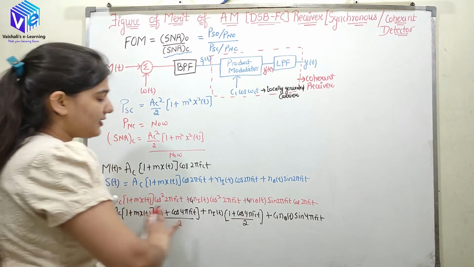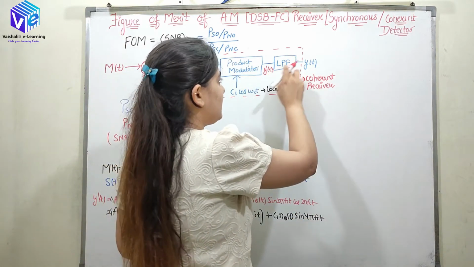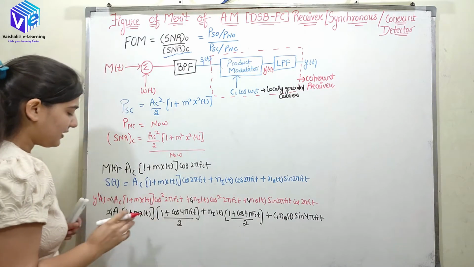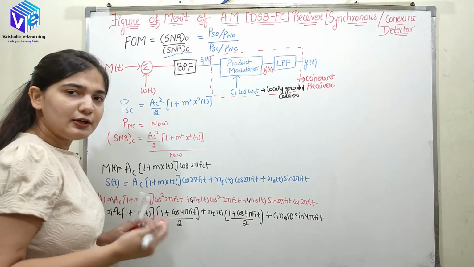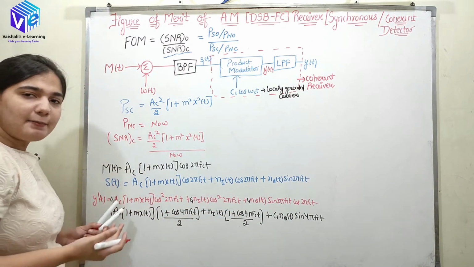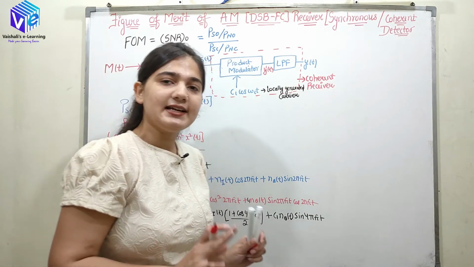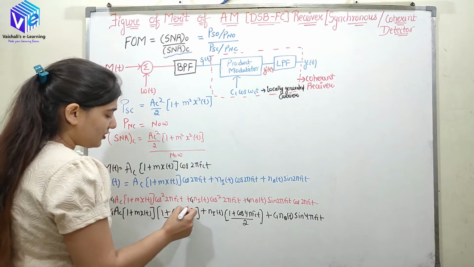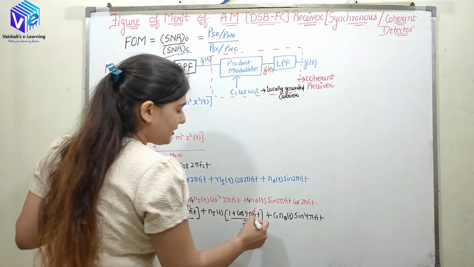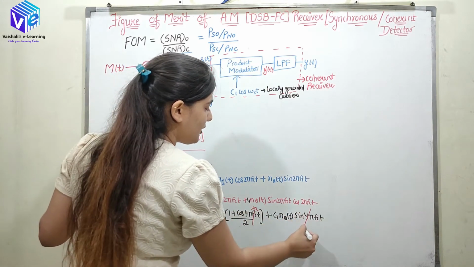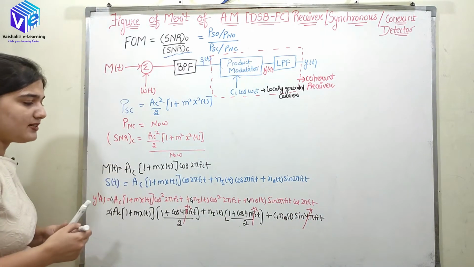Now this function y'(t) is passed through the low pass filter. What will happen? All of the high frequency components will get rejected easily by the low pass filter. This is a high frequency component, this is a high frequency component, and this is a high frequency component.